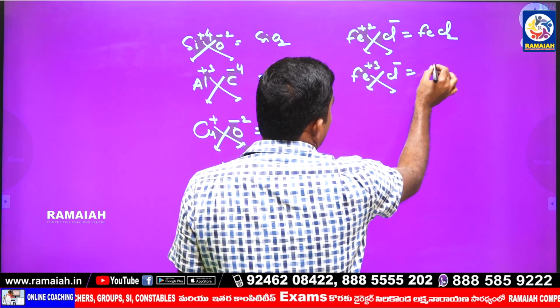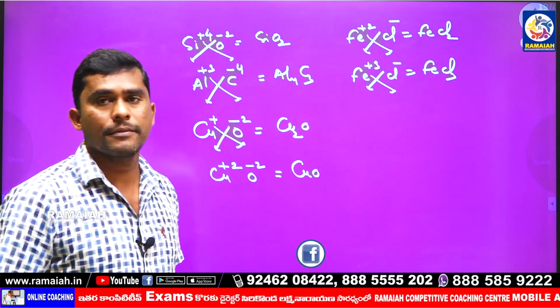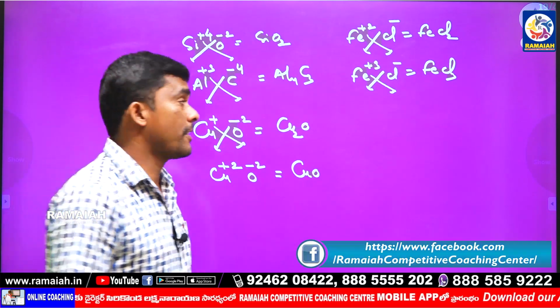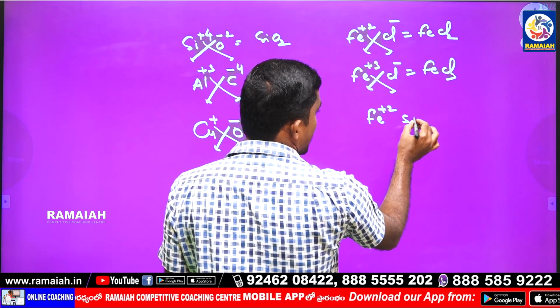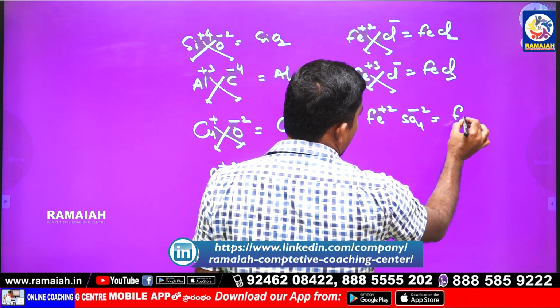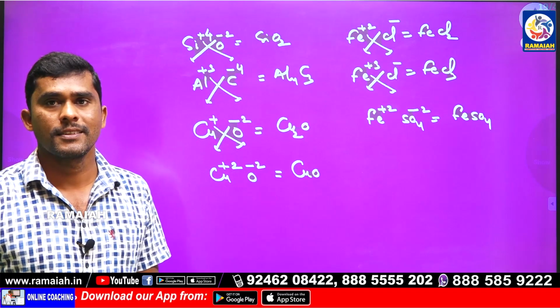So the formula is FeCl3. Next, ferrous sulfate. Ferrous means Fe plus 2. Sulfate means SO4 minus 2. Then the charges are equal. The formula is FeSO4, ferrous sulfate.